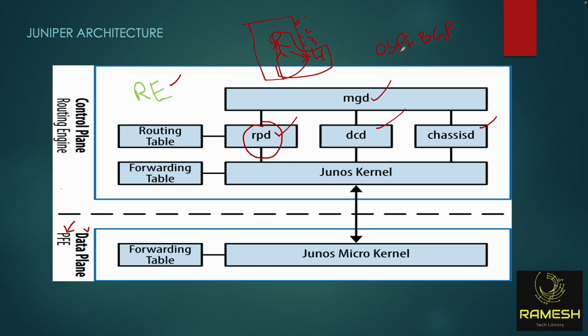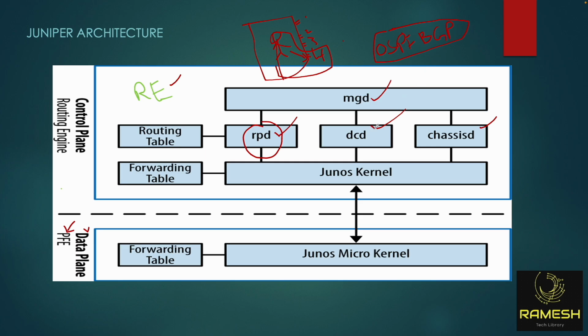Suppose your routing protocol is not working as expected, or there is a bug, you have to restart this process. Every routing protocol, whatever it is, is processed by RPD. RPD takes care of routing protocols.